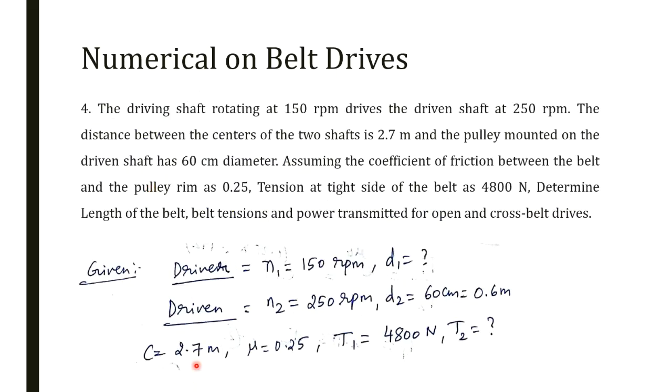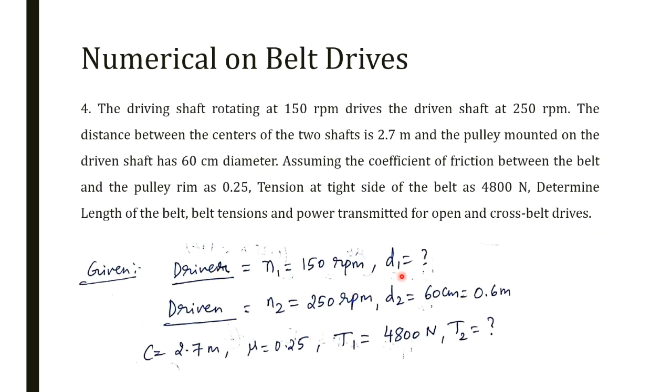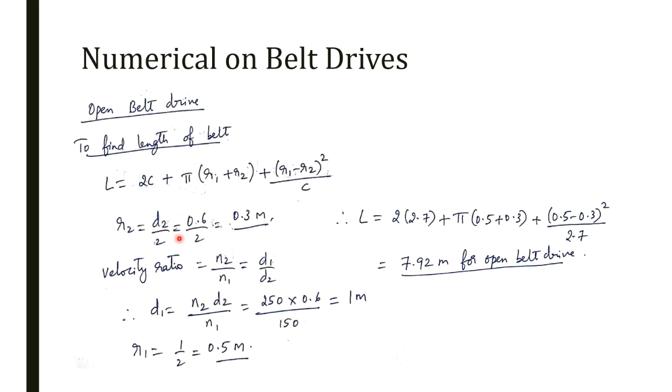You know C is given to you, and then R1 is given to you. Sorry, R1 is not given. You have to find it out. D2 is given, that is 0.6. From here you can get R2, that is 0.6 by 2, that is 0.3 meter. So R1 you need to find out. How do you find out R1? That is D1. So for that, take velocity ratio. N2 by N1 is equal to D1 by D2.